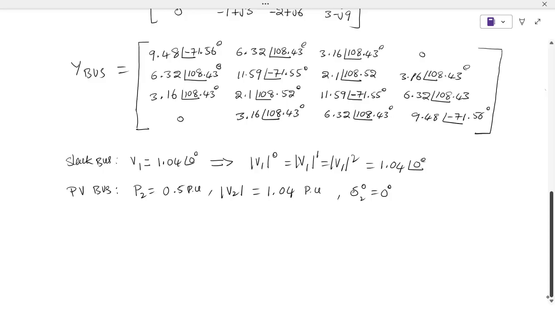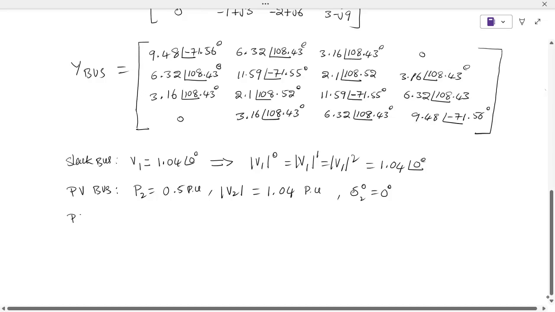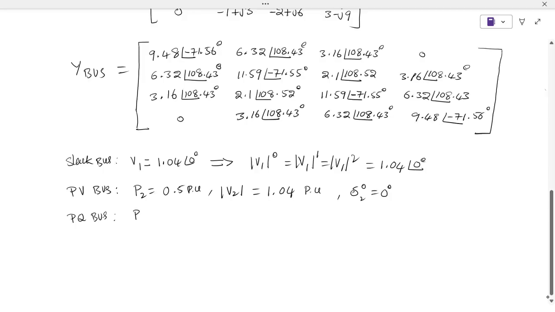Next, they have given bus 3 and bus 4 as the PQ buses. That data also we will collect. For bus 3 they have given the real power P3 as -1 per unit.